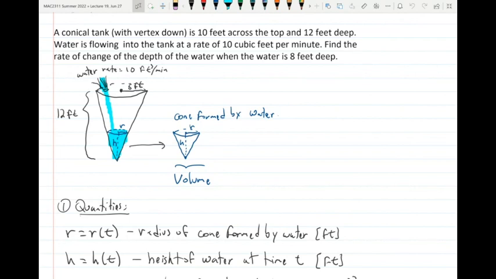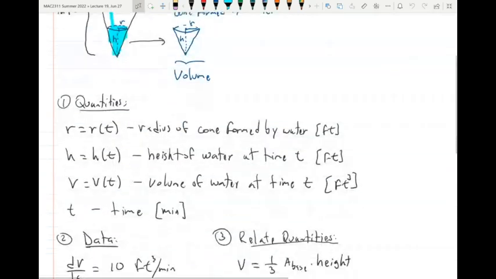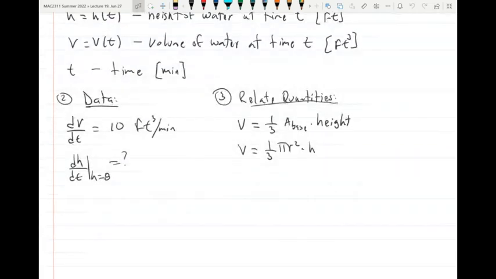We haven't used information on the tank, right? And you should understand this has to play an important role. If the tank is super big, it's going to take longer for the water level to rise, right? So the dimensions of the tank have to play a role here. And we haven't used the 12, and we haven't used the 5 or the 10, however you want to call it, right? So this is the moment in which this better come into the picture, because there is no other place for it to show up.